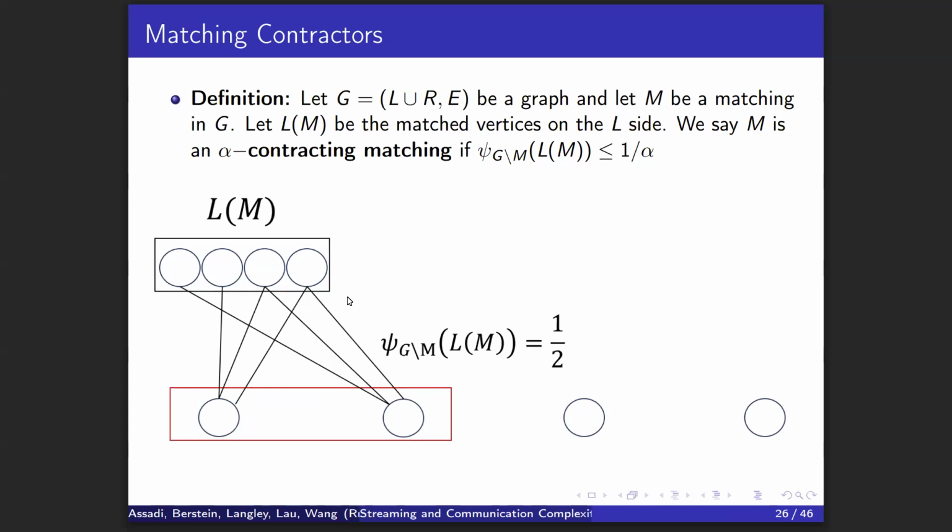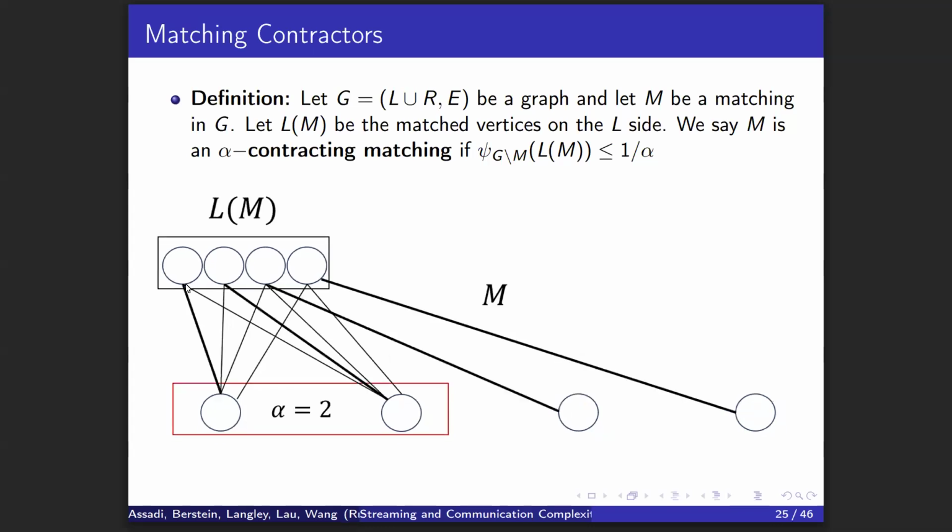Does anyone have any questions about this definition? Yes. It could be spanning the entire graph or just a subset. This matching does not have to be spanning the entire graph.